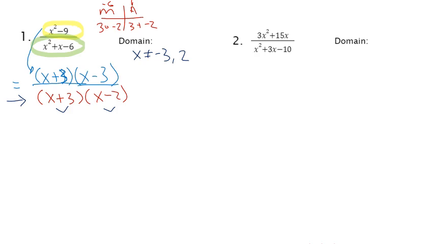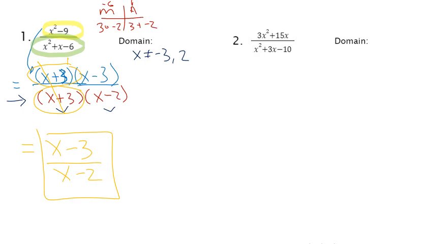So now when I simplify, I'm looking for factors that match on the top and bottom. So I see an x plus 3 on the top, an x plus 3 on the bottom. I can reduce it, so it's like it divided and became a 1. And now my final answer is (x minus 3) over (x minus 2), and then I'm done with the problem. So I completely simplified it.